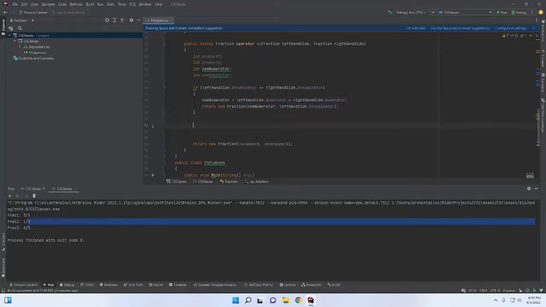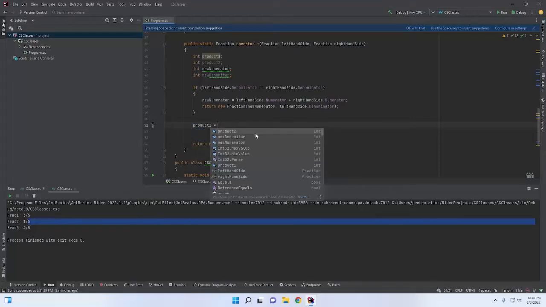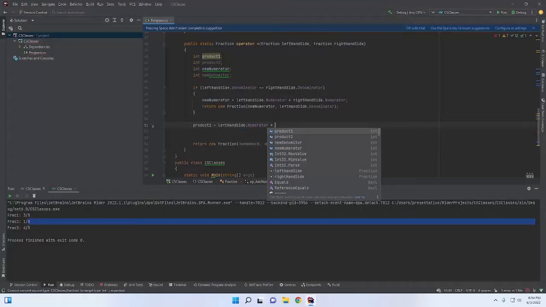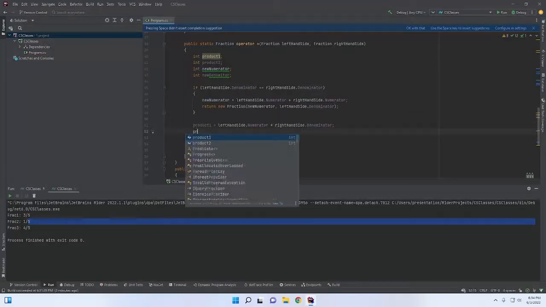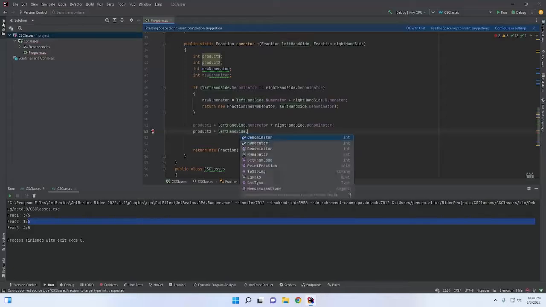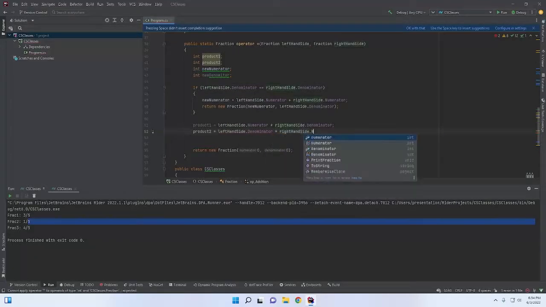But if it is not equal, then we need to calculate it. So now we need to do our cross multiplication. Product1 is equal to left-hand side dot numerator times right-hand side dot denominator. Product2 is equal to left-hand side dot denominator times right-hand side dot numerator.